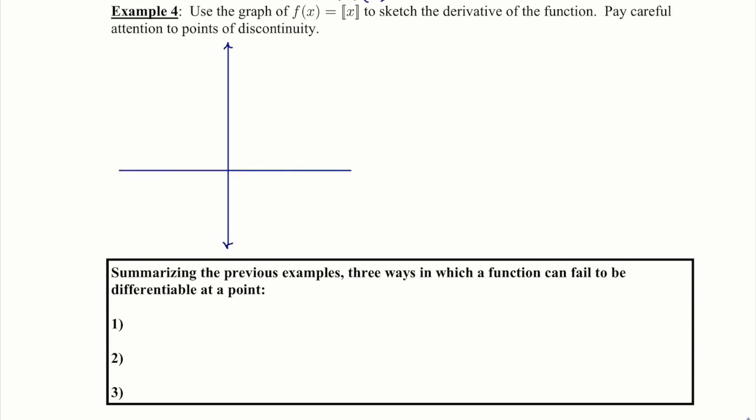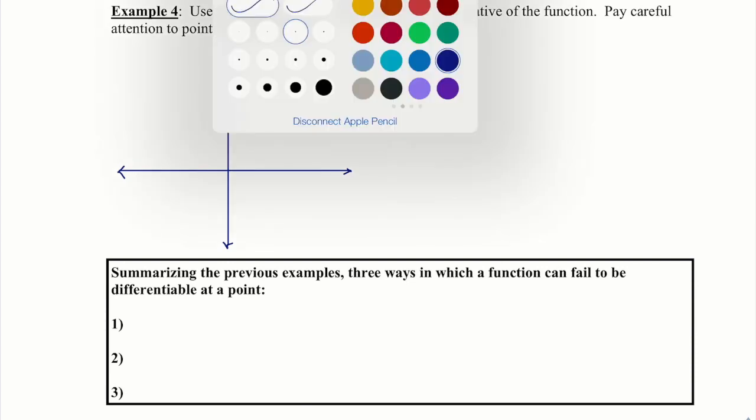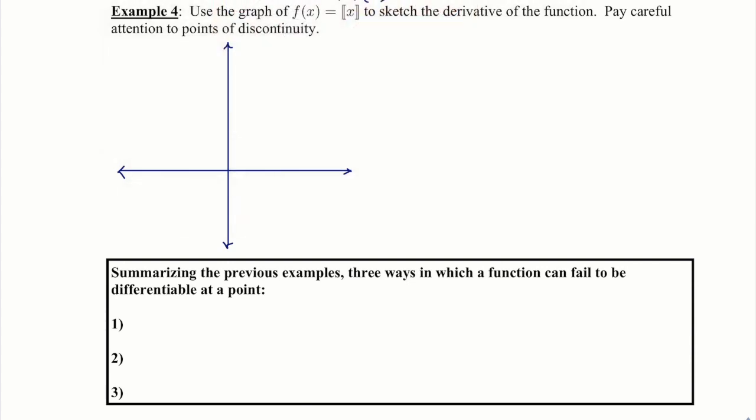So you remember that this function takes an input and then rounds it down to the nearest integer that's less than or equal to this value. So 0 would stay at 0, 1 would stay at 1, but anything between 0 and 1, say a half or a third or a 3/4, is going to get rounded down to 0.